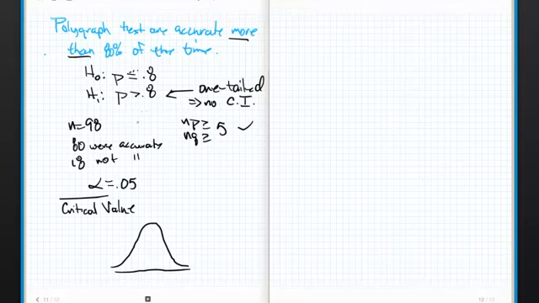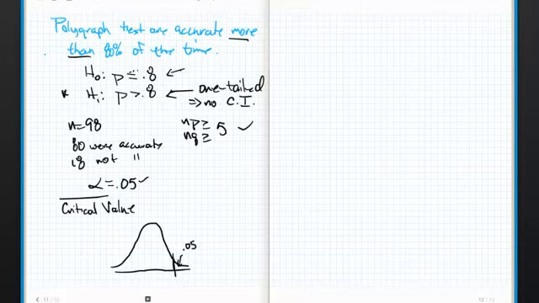Now the question is where does the tail lie? In other words, where is this critical region going to lie? If my claim is that they're more than 0.8, then what I have to do is prove beyond a shadow of a doubt that my value is going to be way enough above 80% to be able to throw out the null hypothesis. The null hypothesis always contains the equality. So what that says is I want the value for 0.05 right there.